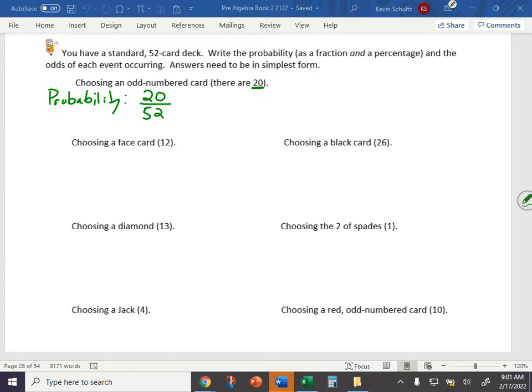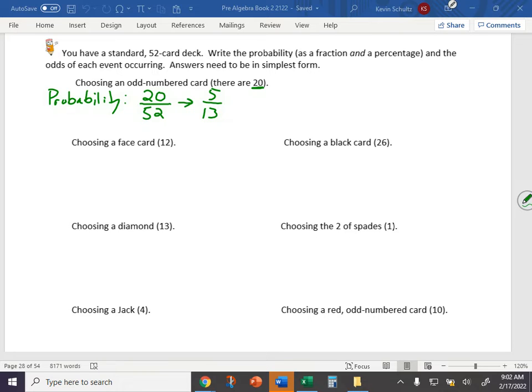Right? That's what probability compares. Successful to possible. The part to the whole. Now it does say to write this in simplest form. So what is 20/52 written in simplest form? Haley? 5/13. So we can divide both 20 and 52 by 4. So you have 5 out of 13 chance.